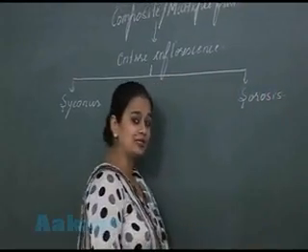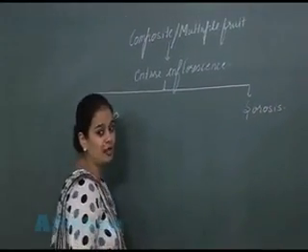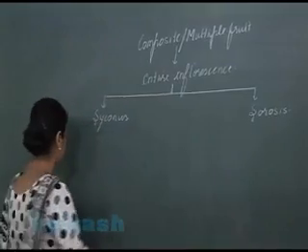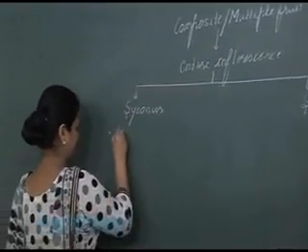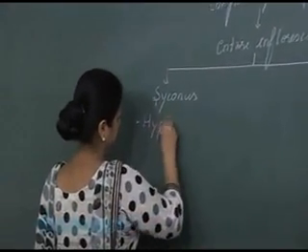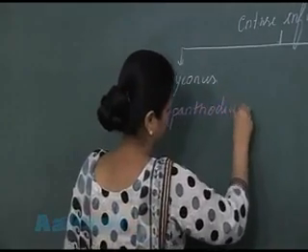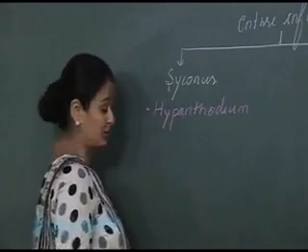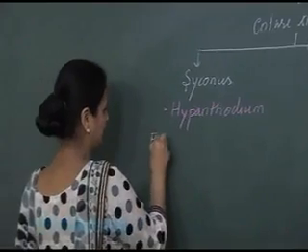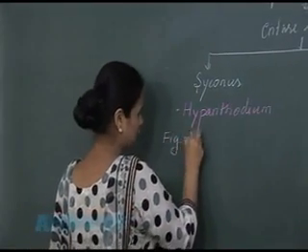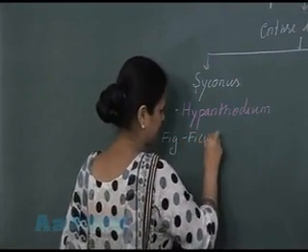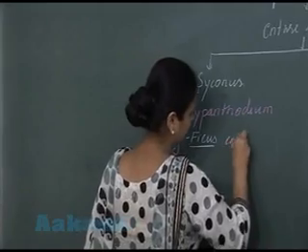Now Syconus is a fruit which is formed from hypanthodium inflorescence. Now this Syconus fruit is formed in fig. So you know the scientific name for this, that is Ficus carica.